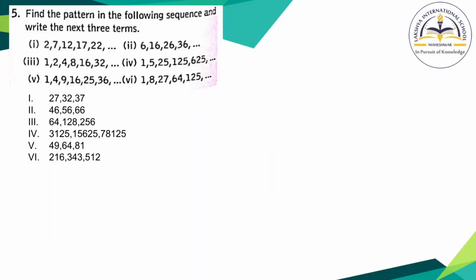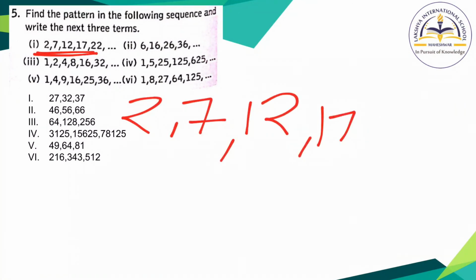Now question number 5. Find the pattern in the following sequence and write the next 3. Now in the question you can see 2, 7, 12, 17, 22. Now you have to write the next 3 terms. How can you find the next term? You can see after 2 which number is there? 7.